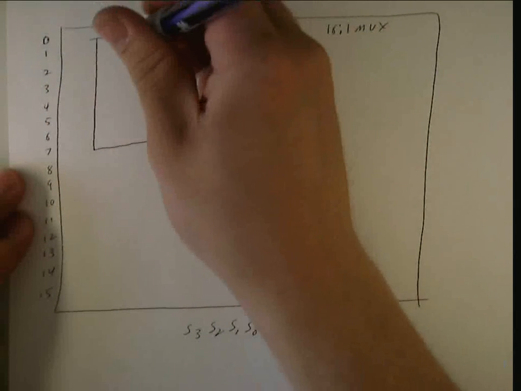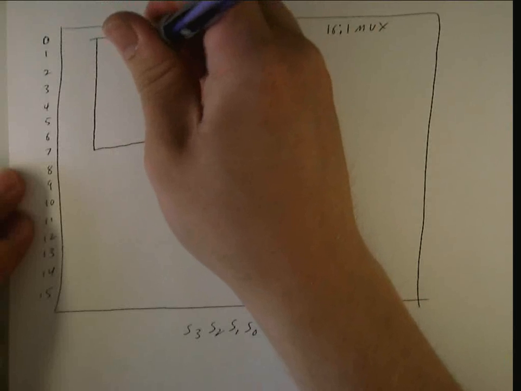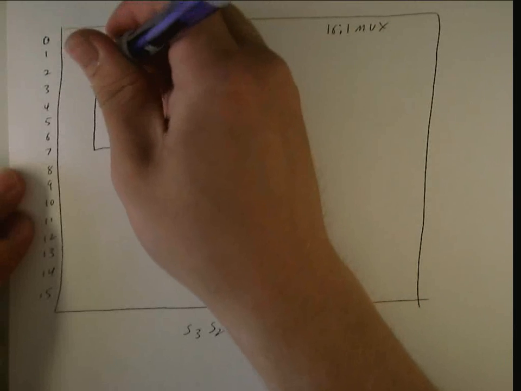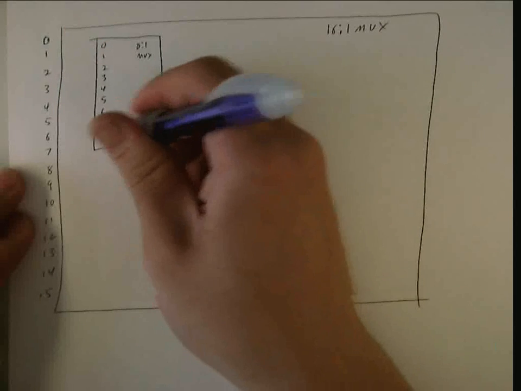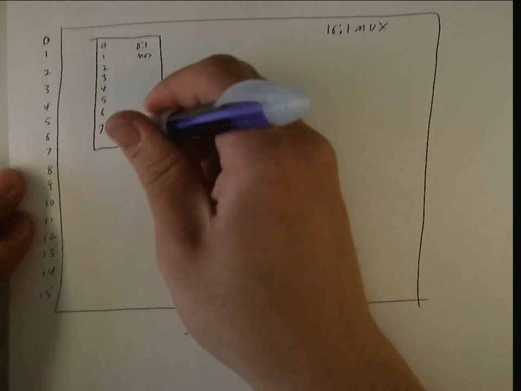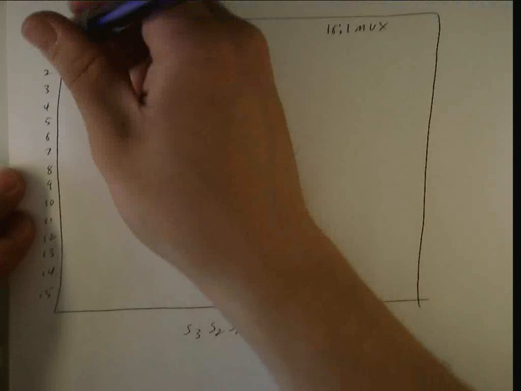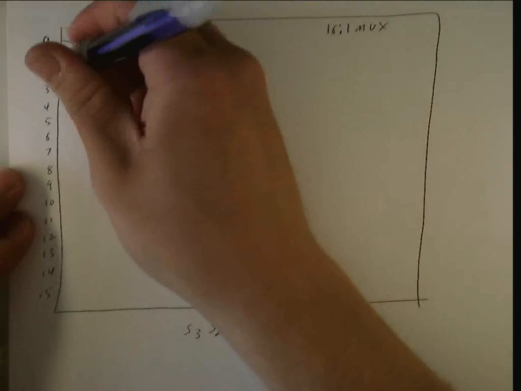So I have my 8:1 mux, input 0, 1, 2, 3, 4, 5, 6, and 7. The select bits S2, S1, and S0. And I'm just going to connect these like so.